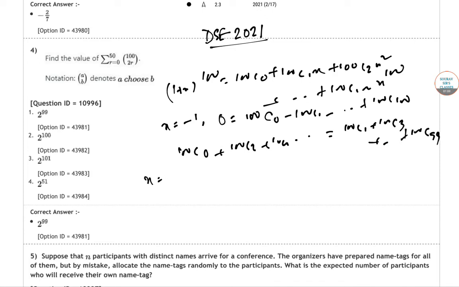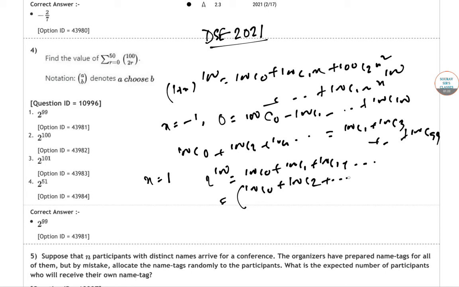Now putting x equal to 1, very similarly 2 to the power 100 equals 100c0 + 100c1 + 100c2 ... 100c100. So taking common 100c0, 100c2 and here the odd ones, 100c99.